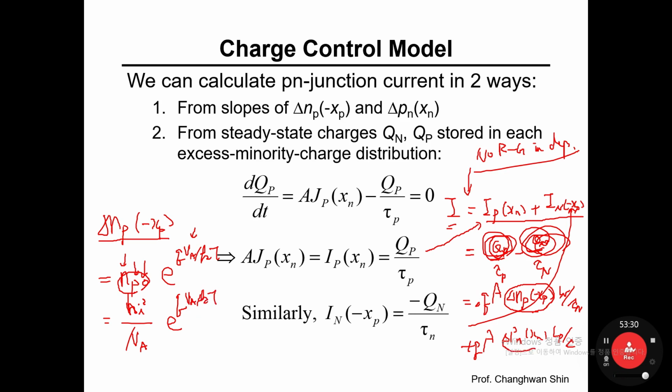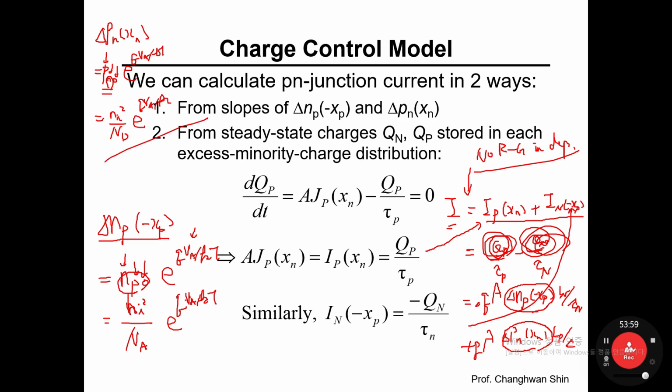What about the delta Pn? Let me write down here. Delta Pn at xn is identical to Pn naught times exponential qVA over kT. And this Pn naught indicates the thermal equilibrium hole concentration in the n side. So the n side is doped with Nd, so it is ni squared over Nd, times exponential qVA over kT.